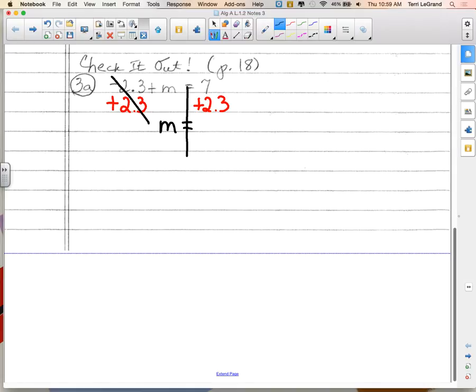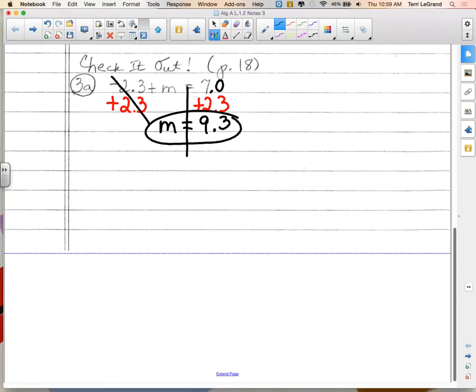Make it look like a decimal like 2.3 is. Can I just put 0.0? Can I do this? That makes it a little easier to add, right? So 0 plus 3 is 3. Bring down the decimal point. 7 plus 2 is 9. We say that the solution is 9 and 3/10, 9.3.